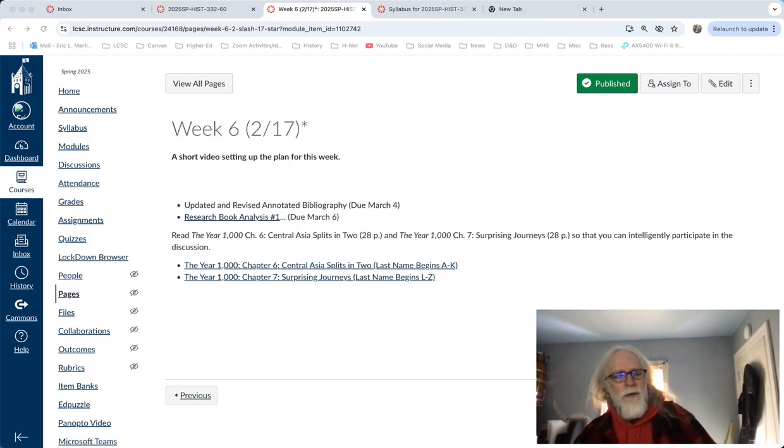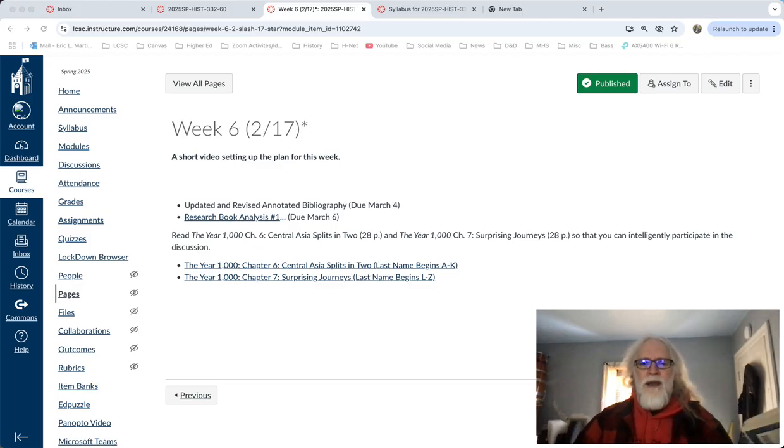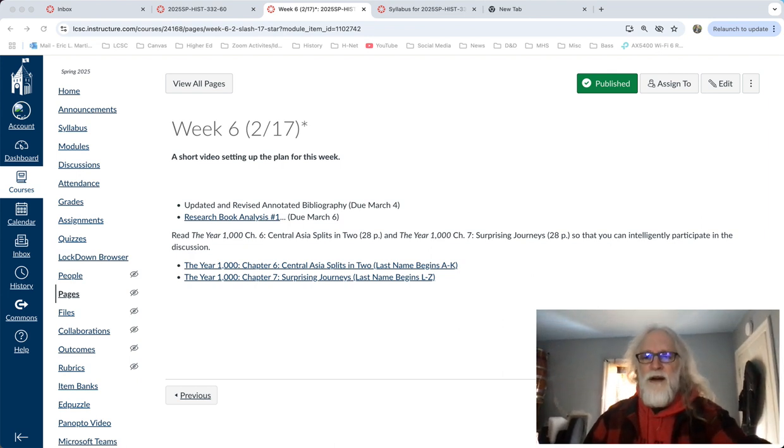So, the Hansen book has really started us off taking a look at the year 1000 and making this argument that the year 1000 is a fundamental year for getting a sense about contemporary globalization and a lot of the processes and structures getting set into motion that we still deal with.